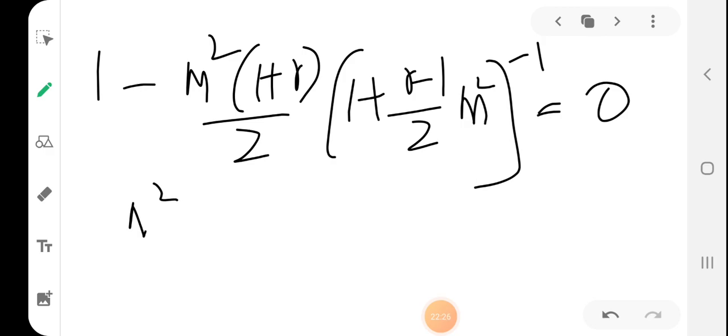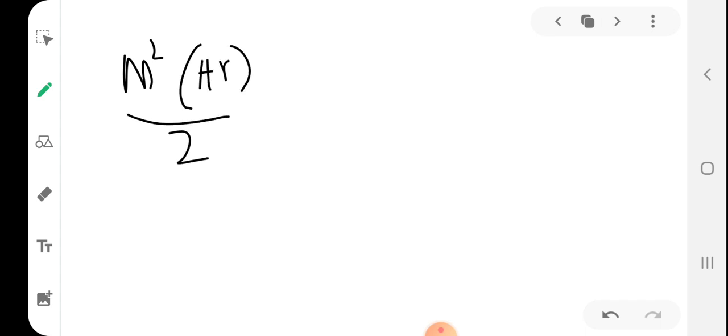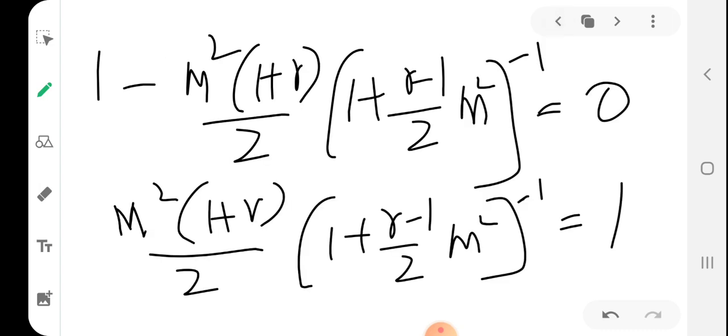And M square into 1 plus gamma by 2 into 1 plus gamma minus 1 by 2 Mach square, minus 1 will be equal to 1. I am taking the 1 to the other side. This is M square. Now since this is raised to minus 1, you can write M square into 1 plus gamma by 2 into, okay, so here it is 2 plus gamma.